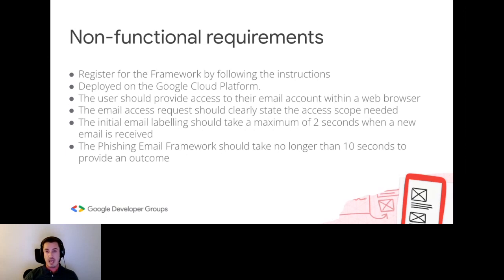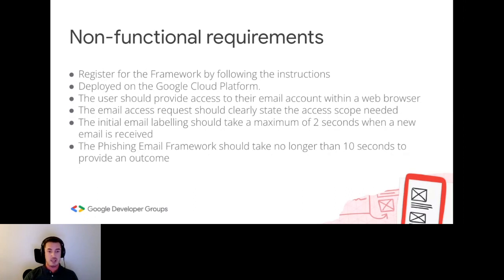If the initial labeling takes around 5, 10, or 20 seconds, there is a higher possibility that once you receive the email, you have already clicked on it and opened it. There is a bigger risk that the user has already opened the email, and only after, say, 5 minutes do we label that it is actually malicious.